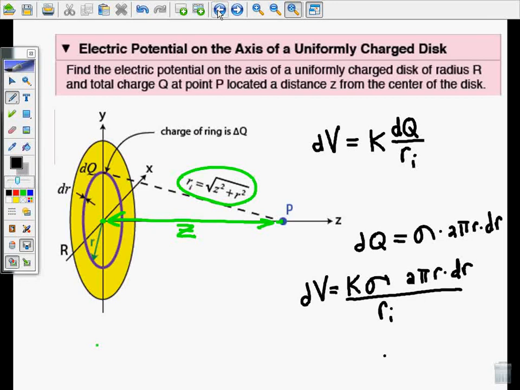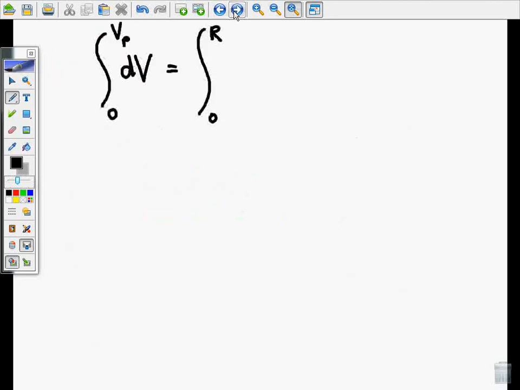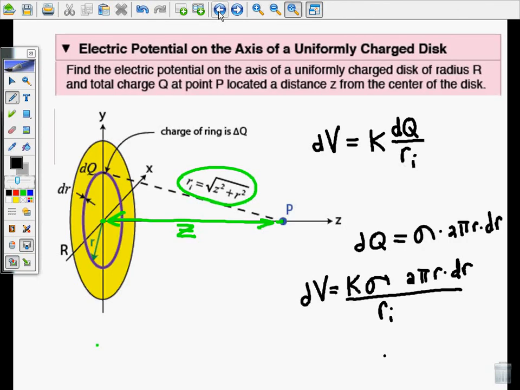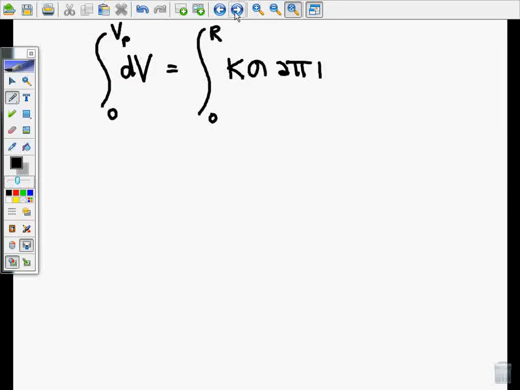K sigma 2 pi r dr. But which r is that? That's little r, the regular r, not r sub i. And then over the square root of z squared plus r squared, which is just dr.